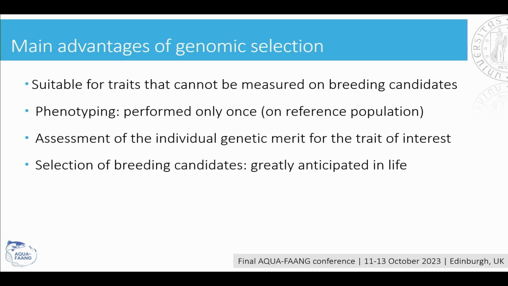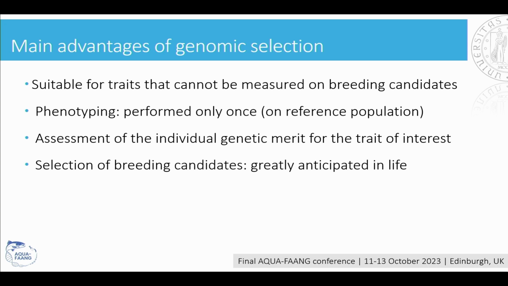We can assess the individual genetic merit for the trait of interest. In traditional selection methods, normally we can assess a family genetic merit, but with genomic selection we can do it individually, and we can anticipate the selection of breeding candidates. This is really important for farmers.